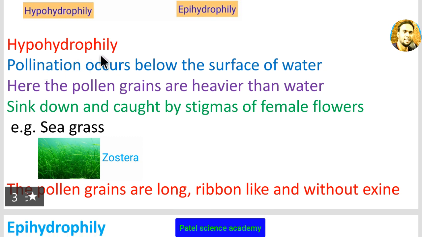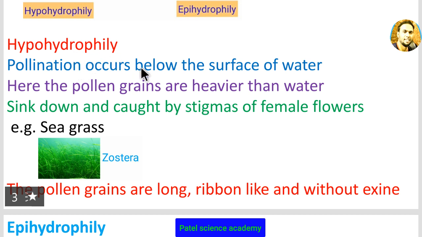Hypohydrophily. Before we go into the detail of this topic, you should know its actual meaning. Hypo means below or under, and hydrophily means pollination by the water. So pollination occurs below the surface of the water, hence it is called hypohydrophily.